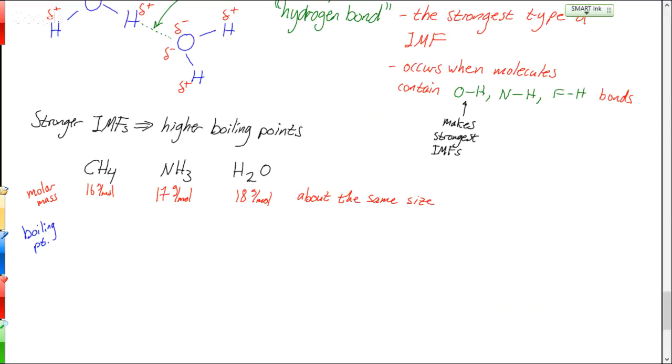All right, now we can look at the boiling points. The boiling point of methane is minus 161 degrees C. The boiling point of ammonia is minus 33. And the boiling point of water is positive 100.